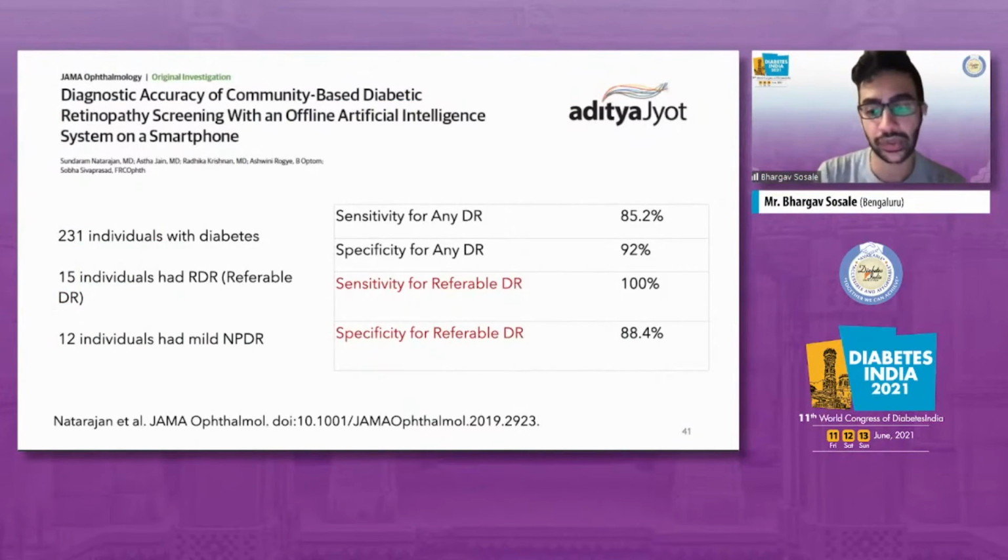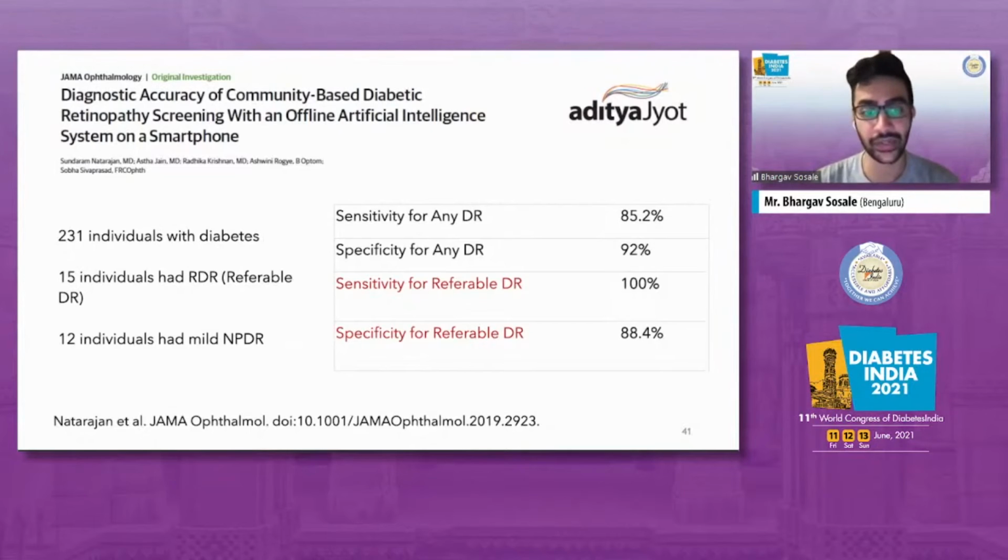We also then took the device to another place where we wanted to evaluate this in a community screening setting. So in the Bombay Municipality Corporation, we actually undertook a screening from people who were living in Dharavi, who did not have access to proper medical care. And this was done with Aditya Jyot Eye Hospital in Bombay.